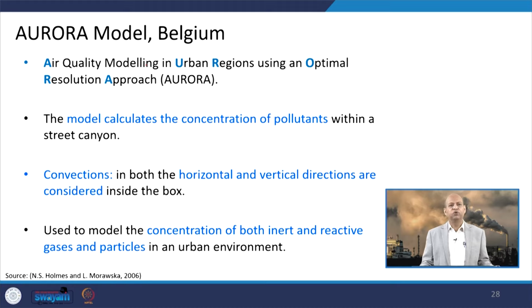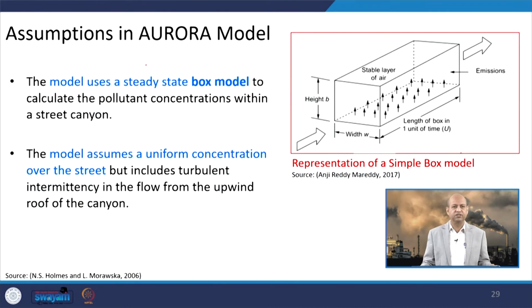The model calculates the concentration of pollutants within a street canyon, in urban streets and city centers, and the convections in both the horizontal and vertical directions are considered inside the box. So, you can know the diffusion and dispersion in both directions, and it is used to model the concentration of both inert and reactive gases and particles in an urban environment. So, it is a kind of versatile model in that sense.